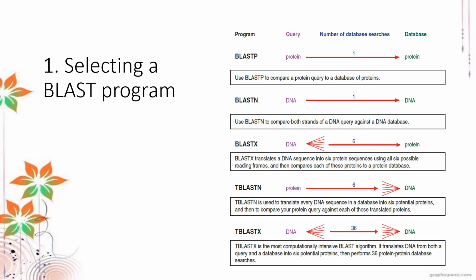So basically, you have 36 protein database searches because you have the 6 protein queries from your query, and then your database is times 6 because each DNA in the database is being translated to 6 possible proteins, and the alignment is done protein to protein.